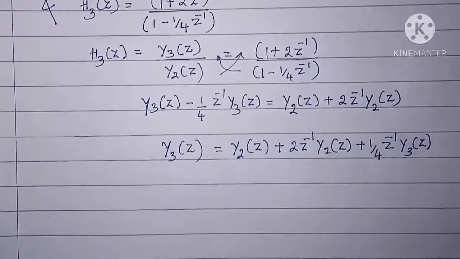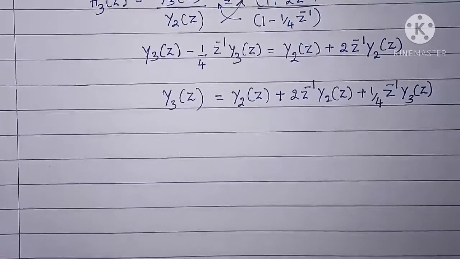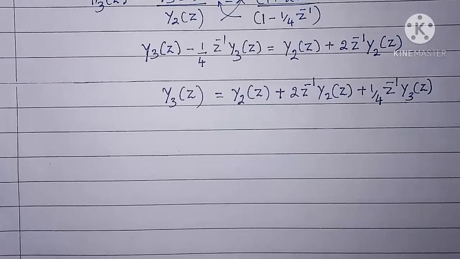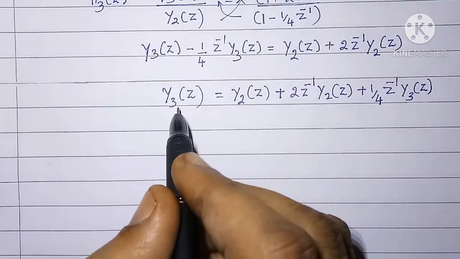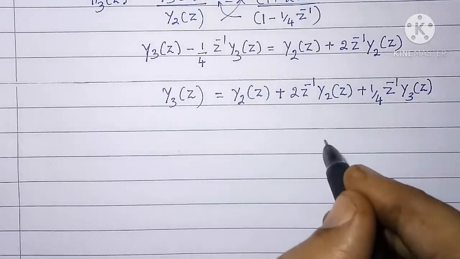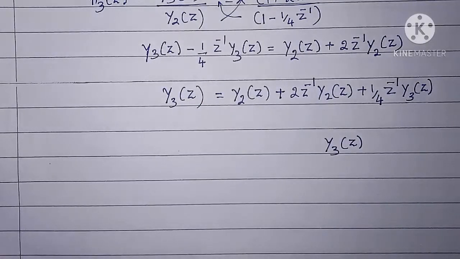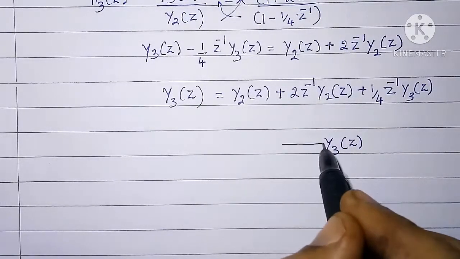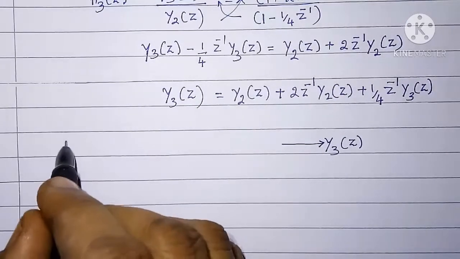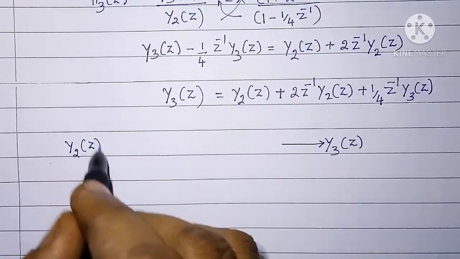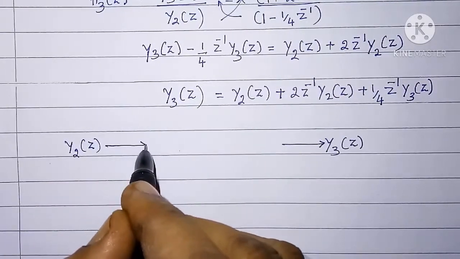Now let us implement this in direct form 2 realization structure. Output is y3 of z. We show that here. Input is y2 of z. Show that here.